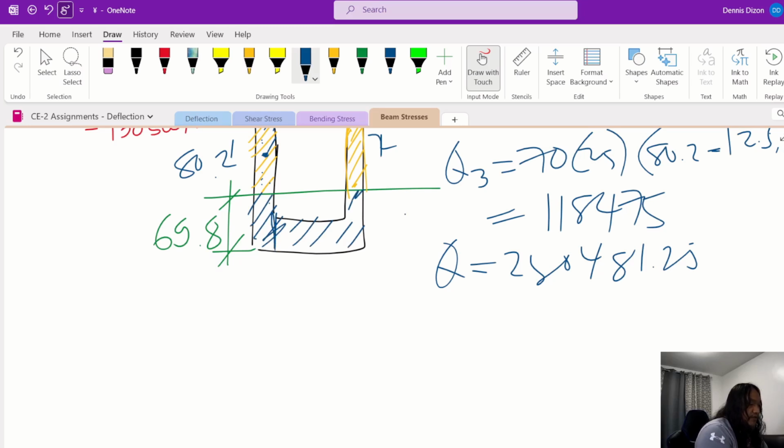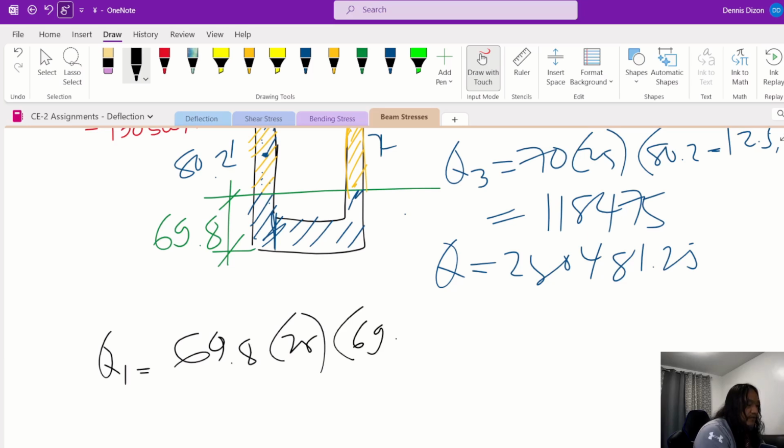So Q1 and Q2, or the bottom portion, so again, Q1 is equal to, the bottom portion is 69.8 times 25 times 69.8 over 2. This is also equal to Q3 or Q2.